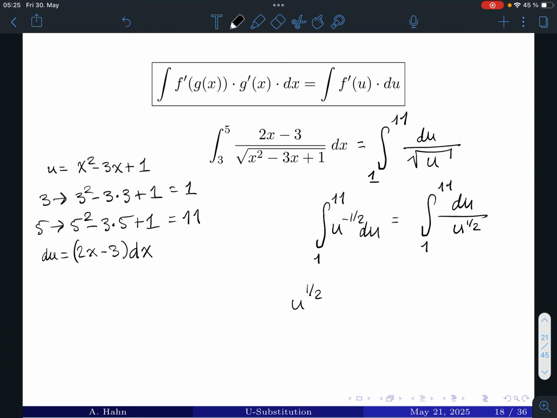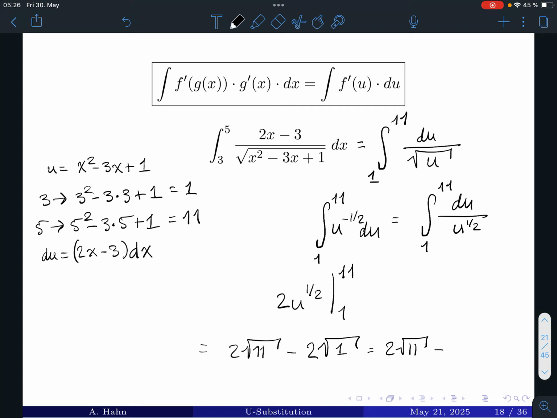And now we can just do our power rule. So this is going to be u to the positive 1/2 divided by 1/2, or multiplied by 2, which is the same thing. Then we're going to evaluate this from 1 to 11. So this is going to be 2 times the square root of 11 minus 2 times the square root of 1.